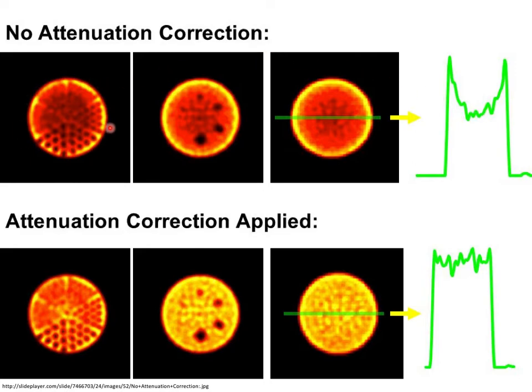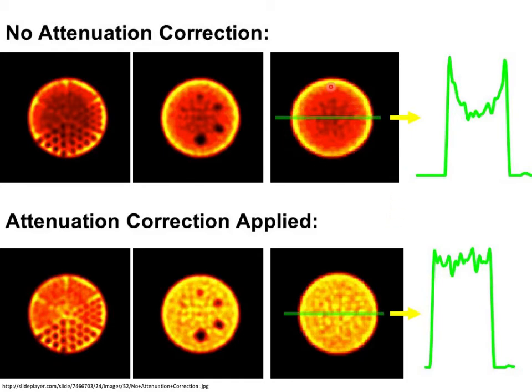So if I take a CT of this thing, and then for each position in the object, I compute the probability or the amount of attenuation I assume is going to happen, I can correct for this attenuation factor, and so for a uniform object, I get basically a uniform signal. But this is a post-imaging correction, right, that we're going to do.